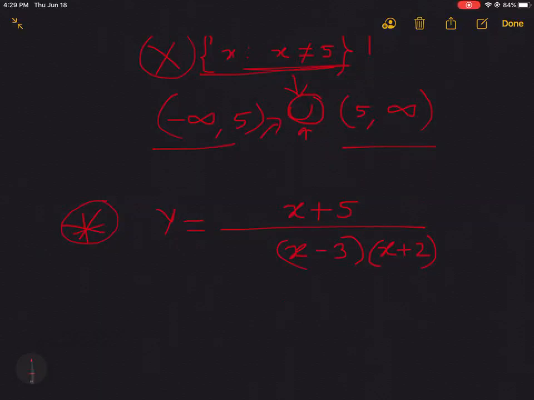Anyway, so go through example 3 in the 4.3 PPTX in the resources that have been given. I'm not going to show that because I've already shown problems like that. That's using transformations to graph rational functions.